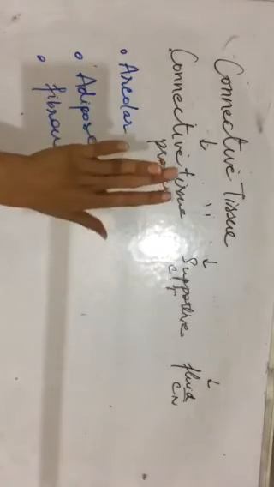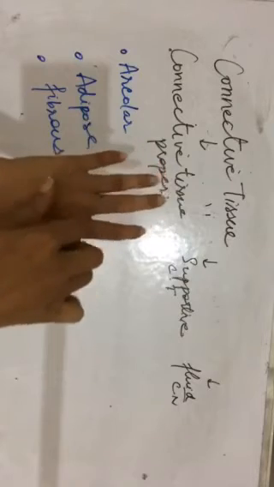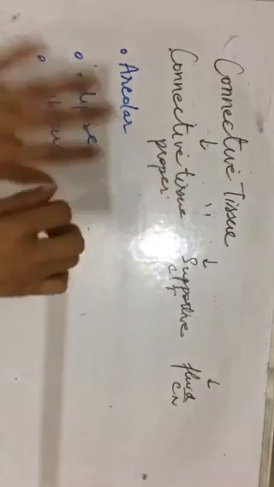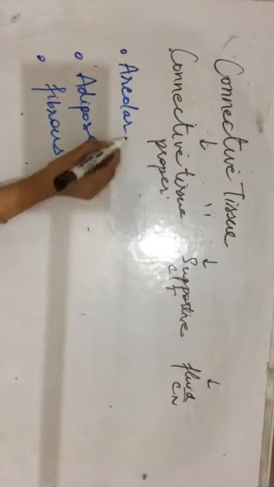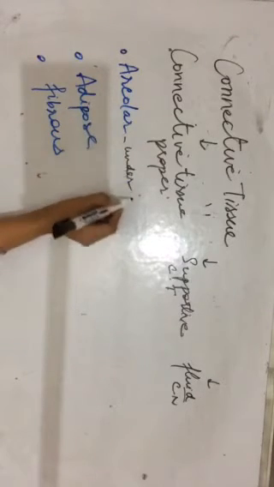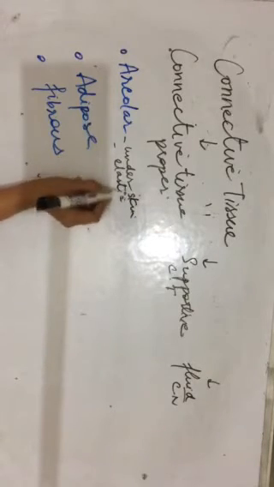Okay. Now areolar tissue is present under your skin, and it is the one which is elastic. For example, your skin, you can pull its part, right? So this is elastic in nature. This is areolar tissue. It is present under your skin and its nature is elastic.